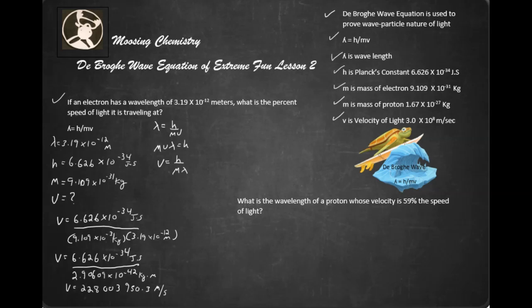To do that, I'm going to say percent of light is going to be equal to 228,003,950.3 divided by the speed of light, of course, which is 300 million meters per second.